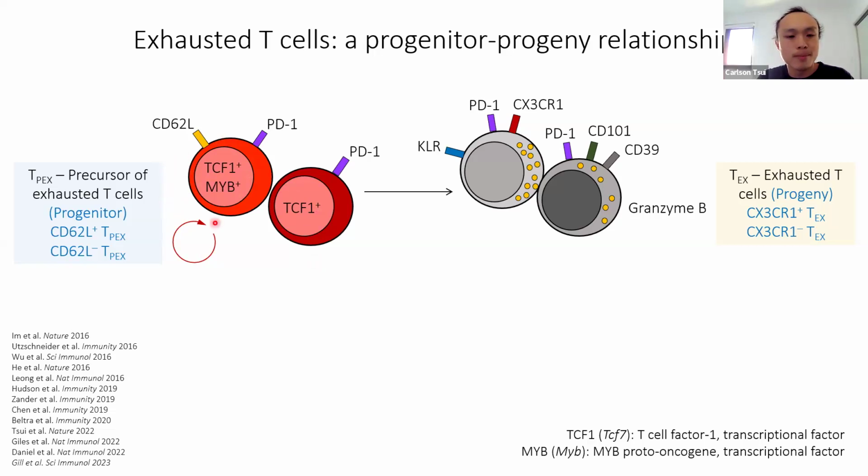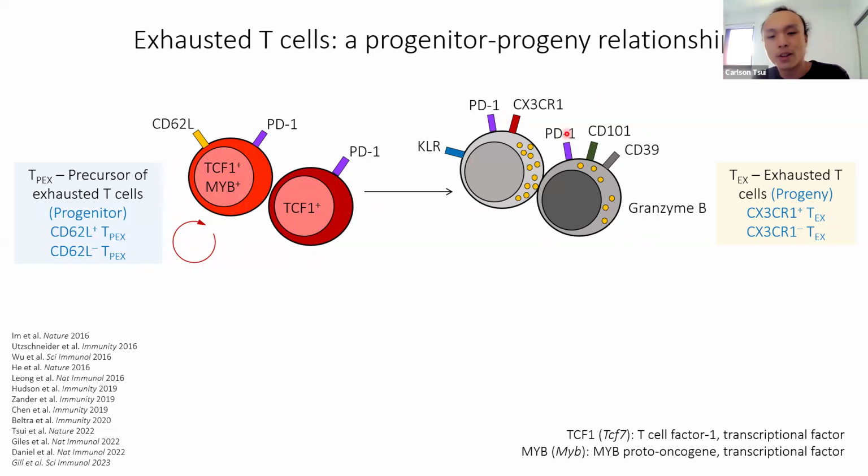We have CD62L positive T-PEC cells, which also, as Rania said, express a higher level of the transcription factor MYB, which seem to also have higher capacity to self-renew and differentiate to effector cells.